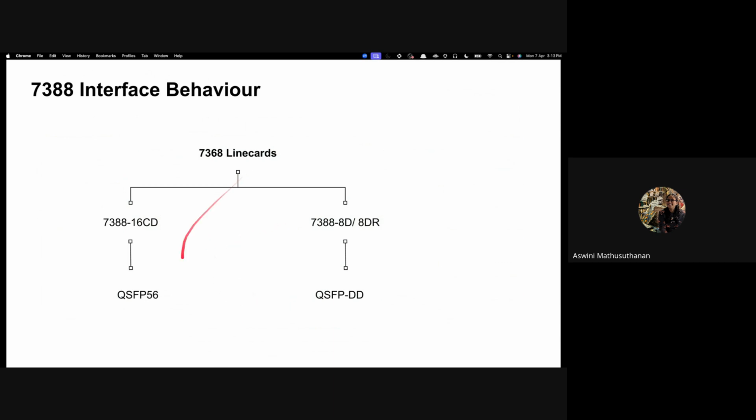Okay, so as I was saying, the 16 CD line card is grouped as paired, as two QSFP 56. QSFP 28 is not there in this case. It is again similar to our Glacier line cards, where there will be a QSFP-DD individually mapped to the ASIC.